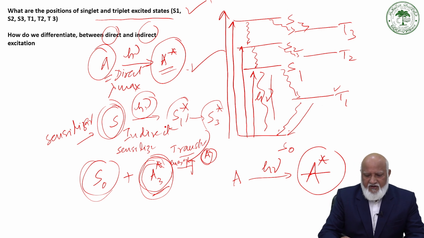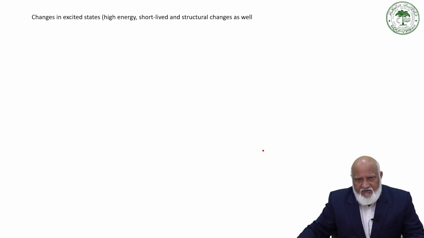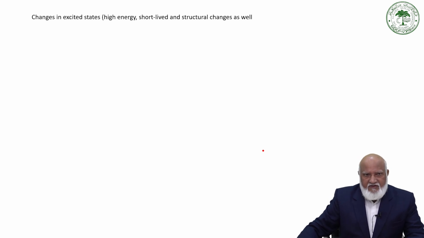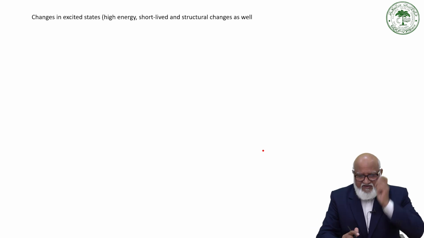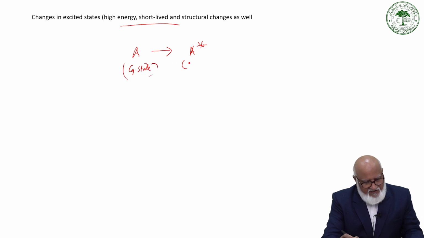One more thing we would now like to see is the changes in the excited state. So what changes in the excited state take place? First, the molecule A goes to an excited state. This is the ground state, and this is the excited state.